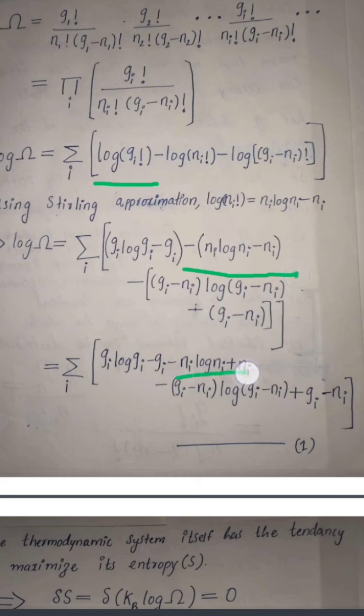You can see here minus ni log ni plus ni, and also this minus comes inside, which will give minus (gi minus ni) log (gi minus ni), and also this minus and this minus give plus, so plus gi, and also this minus and this minus, this blue line connected minuses cancel and give plus, and this minus inside will give a minus. So in total we get a minus ni.